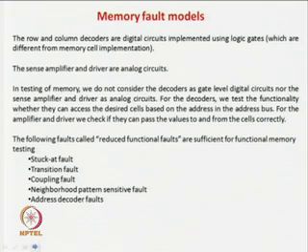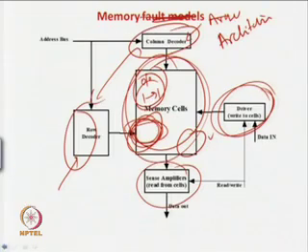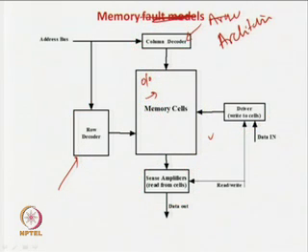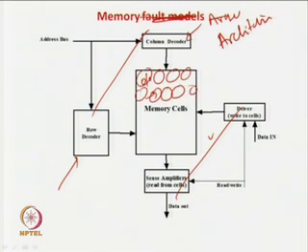So what is the idea? We do not generally go explicitly for testing these combinational and digital circuits. Rather, we traverse each memory cell one by one, and we write 0 and get 0, write 1 and get 1. We can also do the reverse.